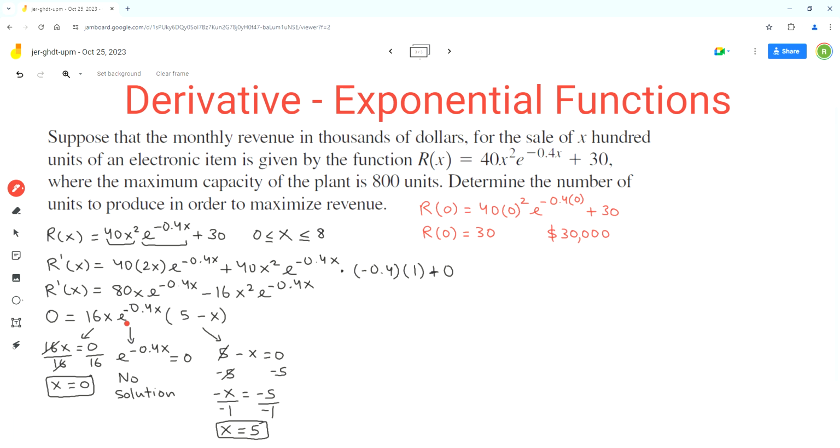Now we can use the x value 5. First we can multiply 40 by 5 squared, which is equal to 1000.